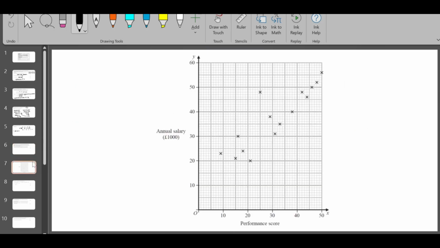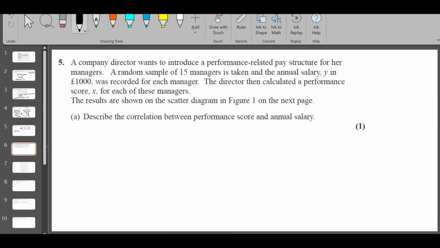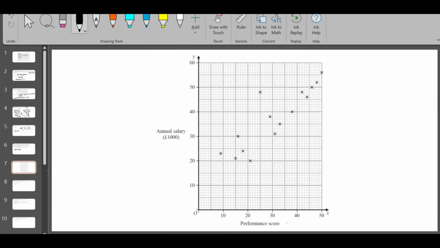As you can see here, there is a linear relationship, right? You can always draw a line of best fit with a positive slope here. So it's a positive correlation. You can just write positive correlation, or you can say that when the performance score increases, the annual salary also increases.